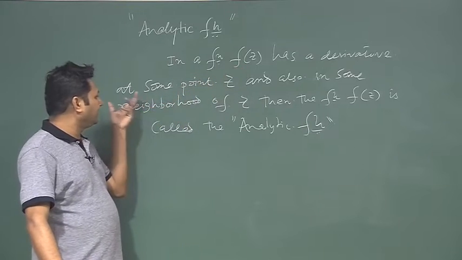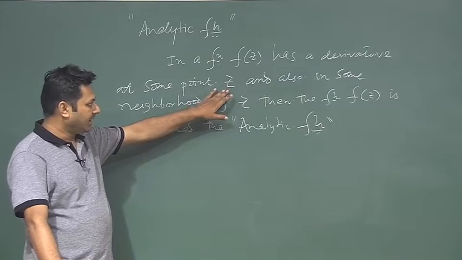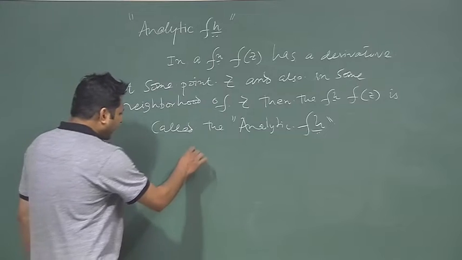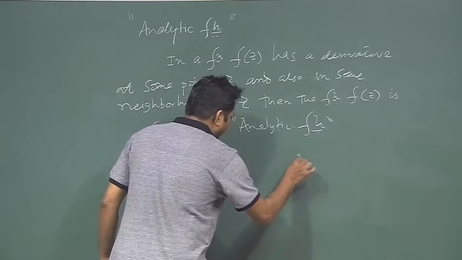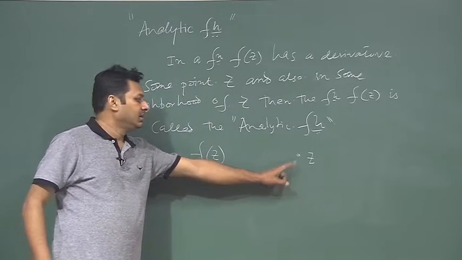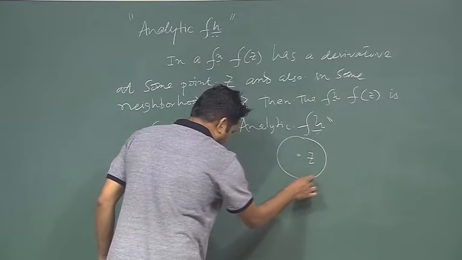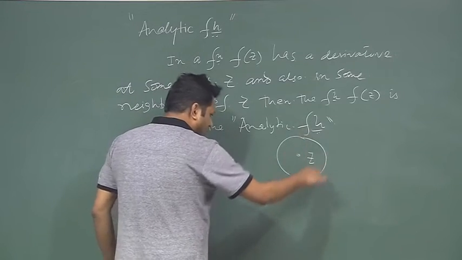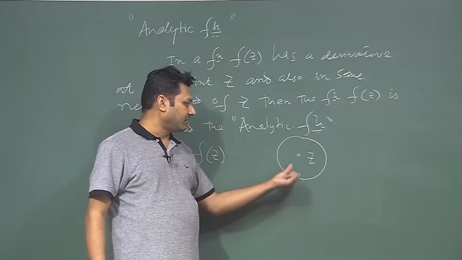If a function f(z) has a derivative at some point z, that means the function should have a derivative at that point and also in some neighborhood of z. If I have a function f(z) and this is the point z, the function has a derivative at this point z, but it is not only at that point. I can have a neighborhood, that means a region surrounded by a curve or something, where z is inside.